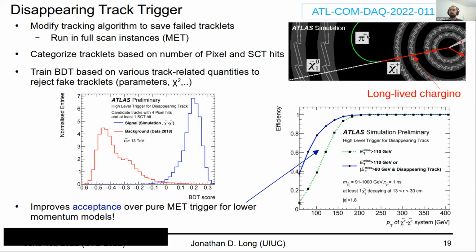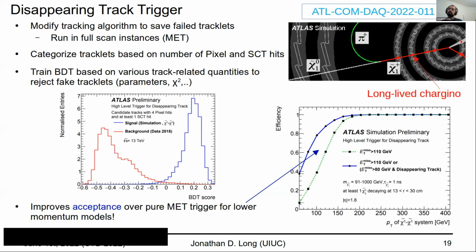So you're left with this tracklet, which doesn't form a full track. And so what was done was to modify the tracking algorithm to save these tracklets that fail to become full tracks, which are run in full scan instances. So for example, missing transverse momentum triggers.